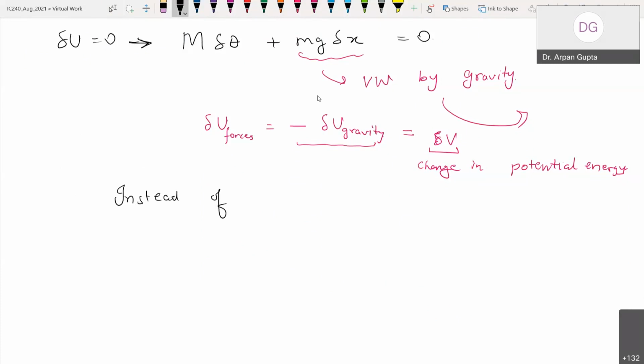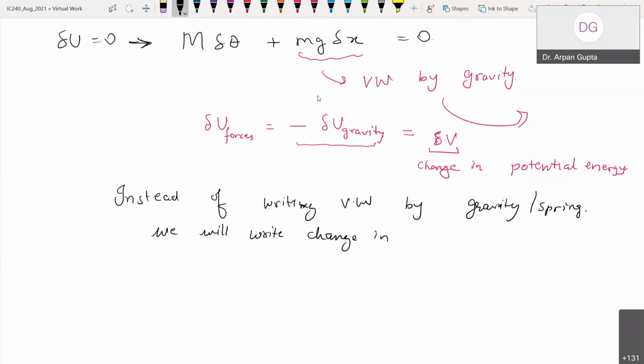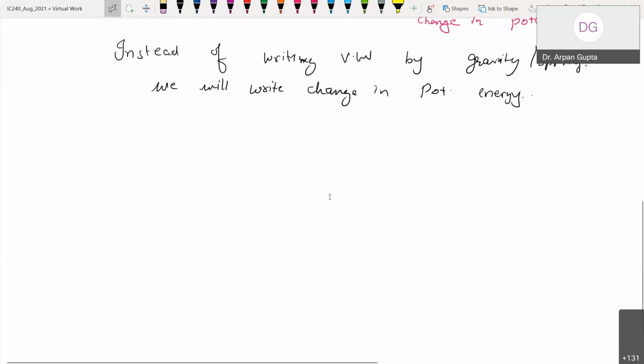Instead of writing virtual work by gravity or springs, we will write the change in potential energy, and this is going to be on the right hand side of the equation.